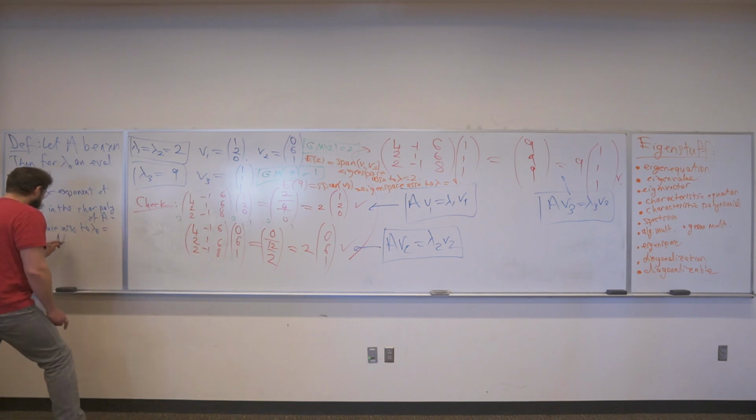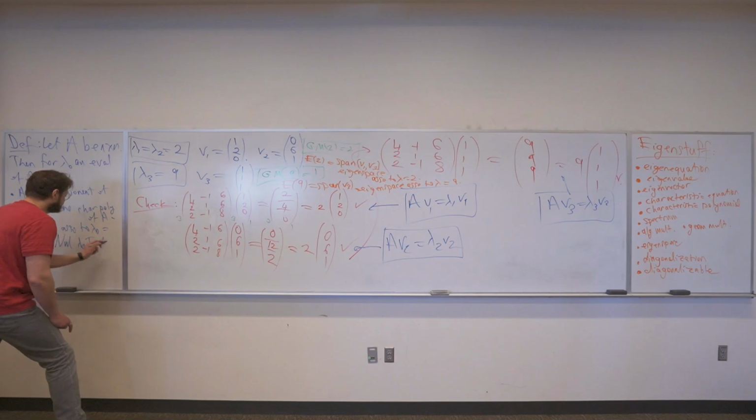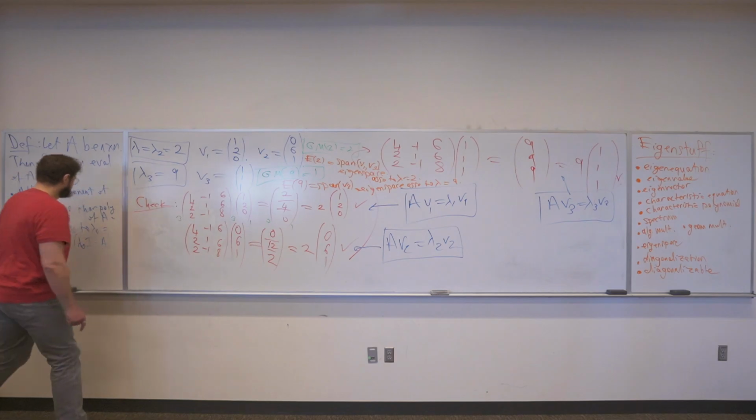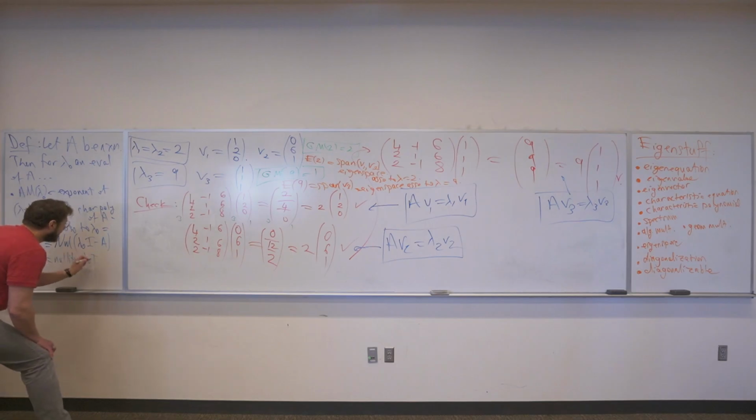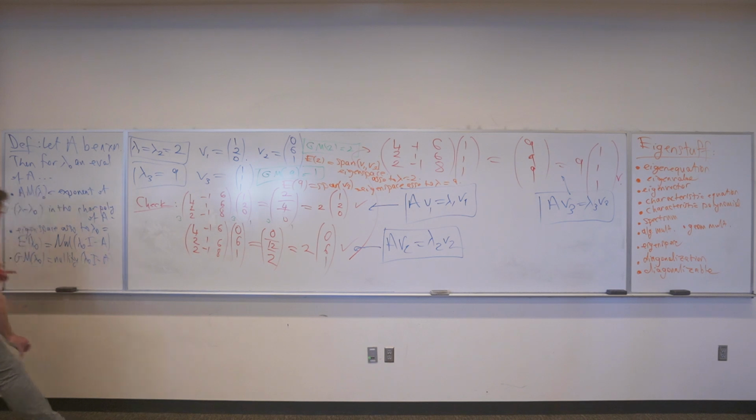So I can just write it like this. This is the null space of lambda 0 I minus A. Okay. And geometric multiplicity of lambda 0 is nothing but the nullity of lambda 0 I minus A, which is of course the same thing as saying it's the dimension of E of lambda 0.